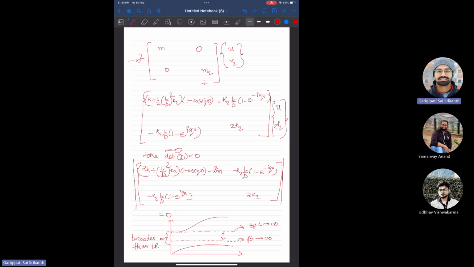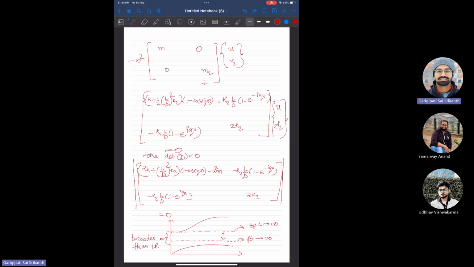So we'll see the same thing here. However, because of this truss mechanism, it is broader. And there's an additional parameter of L by D here. This L by D, see this everywhere. So that parameter gives us a lot of tunability in your local resonance.